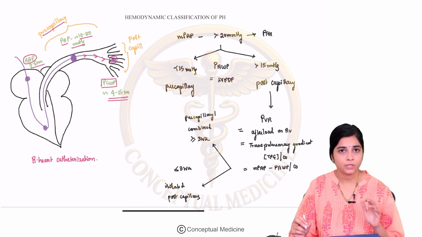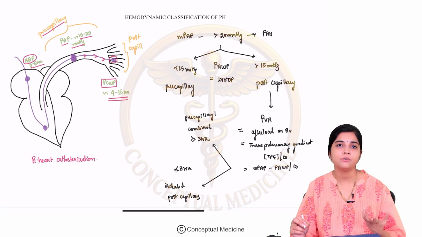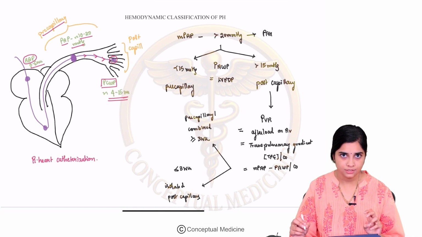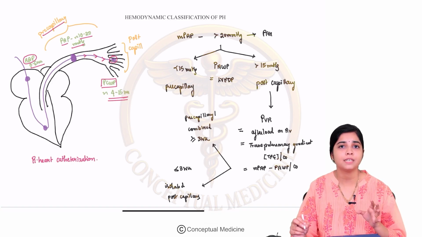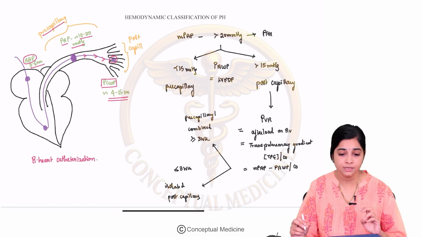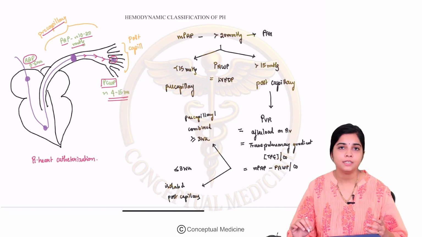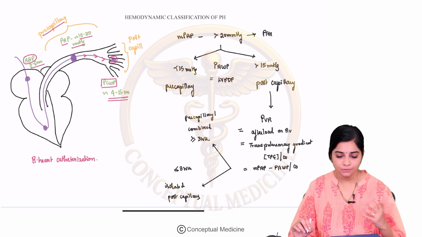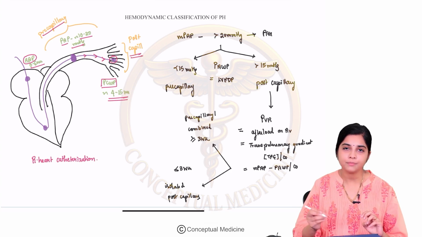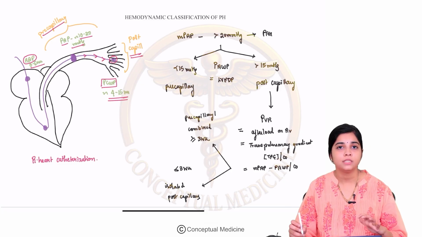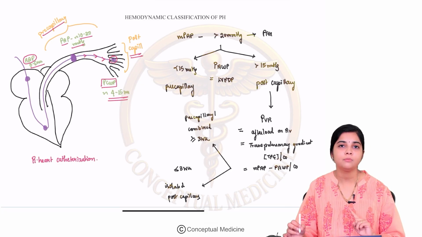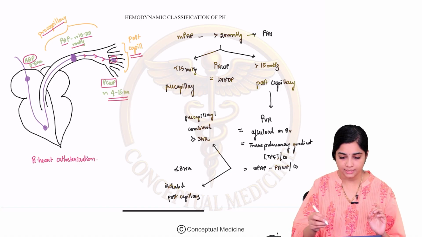So we are looking at how you measure the pulmonary artery pressures using the right heart catheterization: the right atrial pressure, right ventricular pressures, pulmonary arterial pressures and pulmonary capillary wedge pressure. Then after the capillaries, whatever it breaks down into is the post capillary pressures. Based on these measurements, we have the hemodynamic classification of pulmonary hypertension.